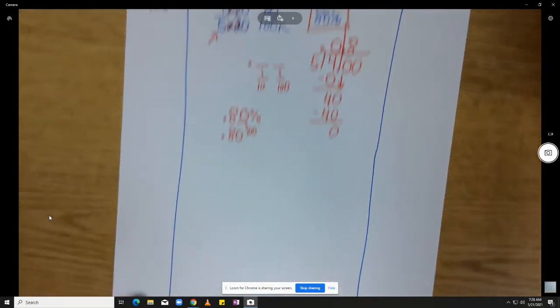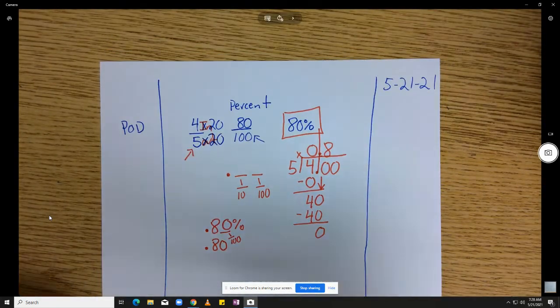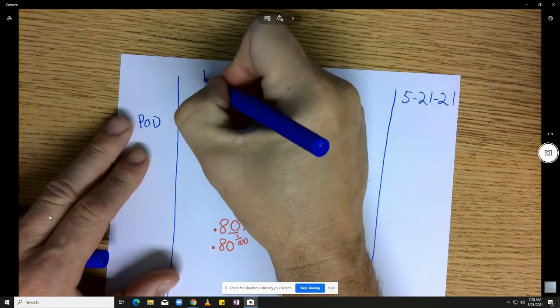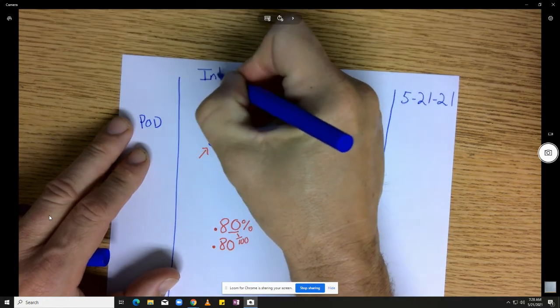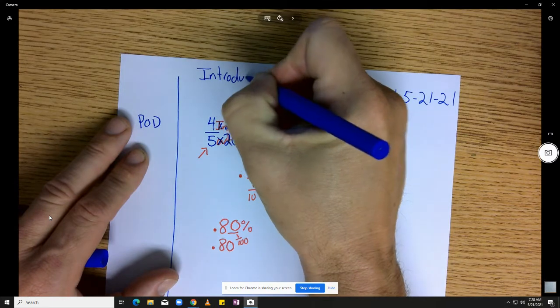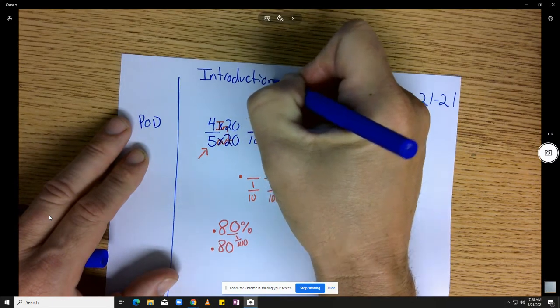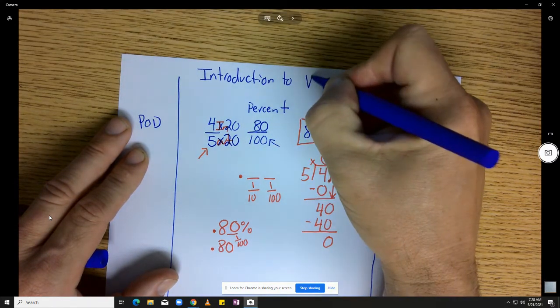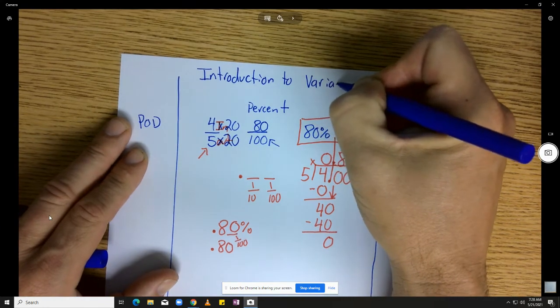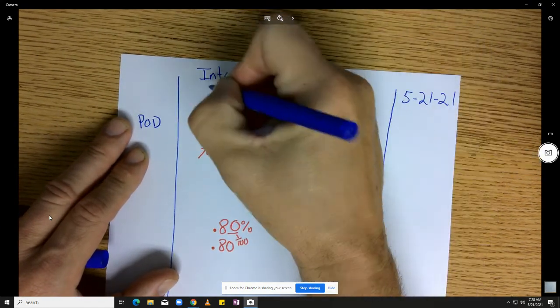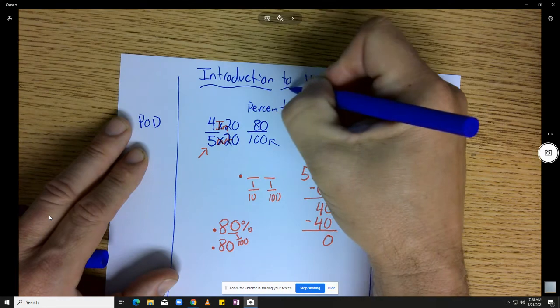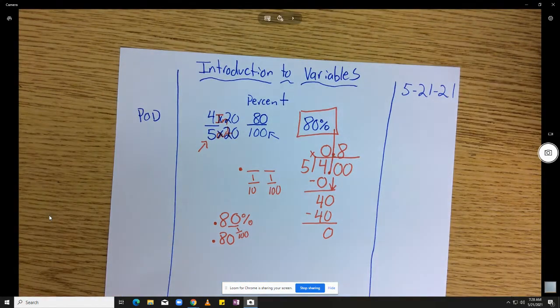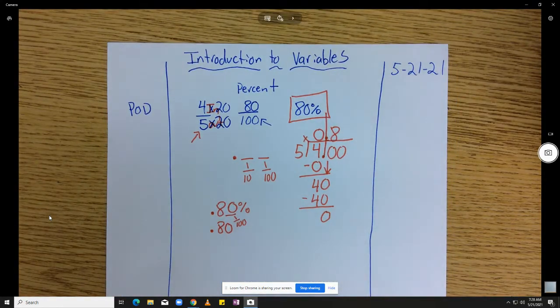So if we go back up to the top of our notes, let's just write introduction to variables. This is going to set us up for algebra, very basic algebra, solving problems with variables.